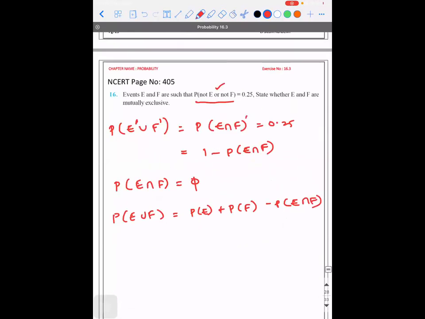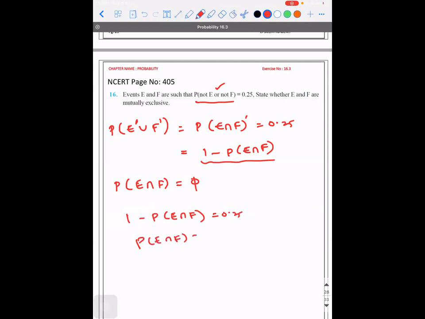Here it is no. So P of E dash union F dash is equal to P of E intersection F the whole dash, which is 0.125. P of E intersection F the whole dash is nothing but 1 minus P of E intersection F. So 1 minus P of E intersection F comes out to be 0.25. So what is P of E intersection F? That will be 0.75. Since it is not equal to 0, they are not mutually exclusive. Answer is no.